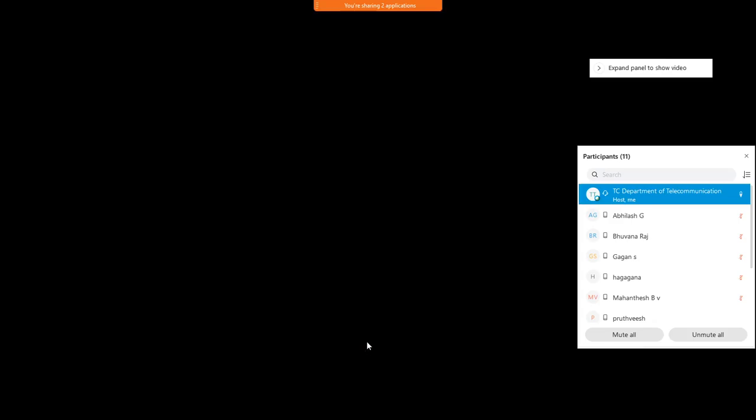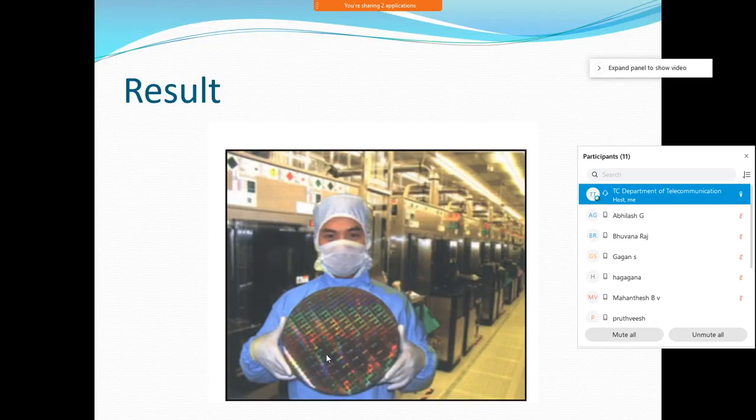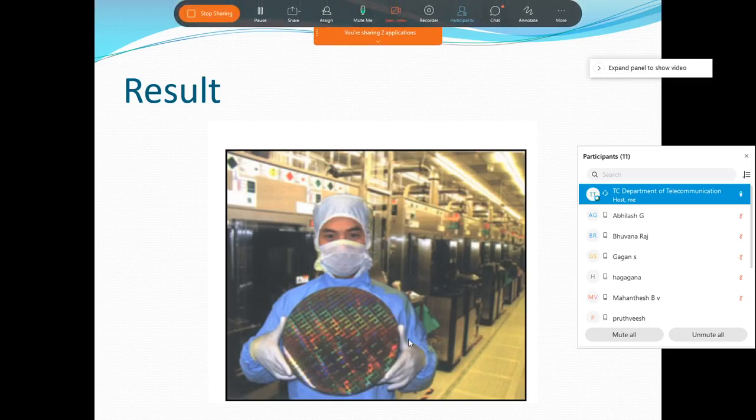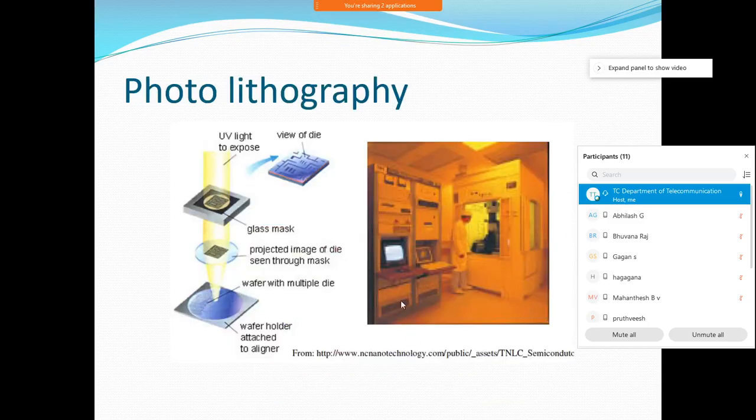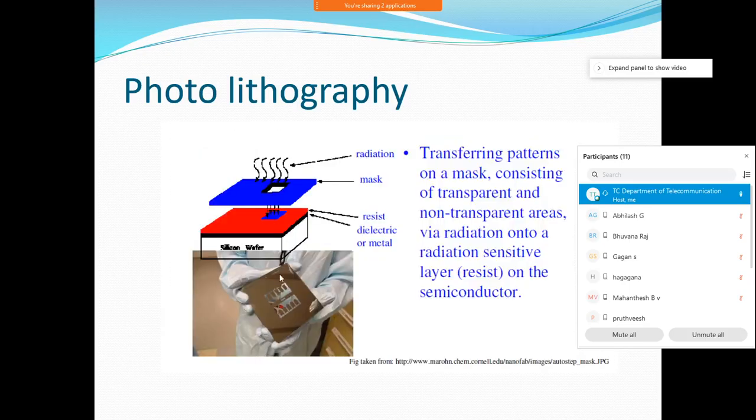Okay, this is a very brief introduction. If you are able to understand this, then I could make you understand what VLSI is, and if you can identify each and every component of this: what this UV light is, what this clean room is, what this mask is, what this pattern is.